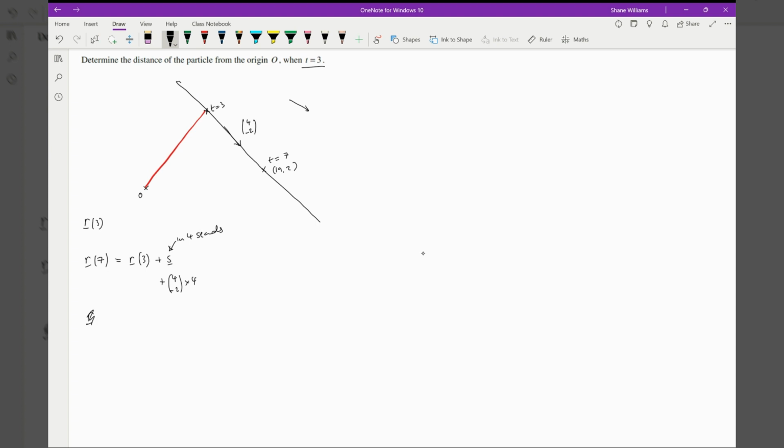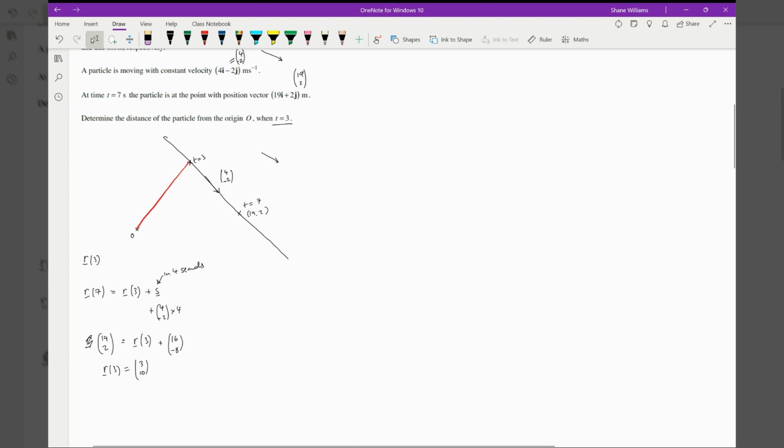So r of 7 we know is 19, 2. Where I was at time 3, plus 16, minus 8. Where I was at time 3 is equal to 3, 10. And therefore the distance, the red line, will be the magnitude of that. So what I'm looking for is square root of 109.